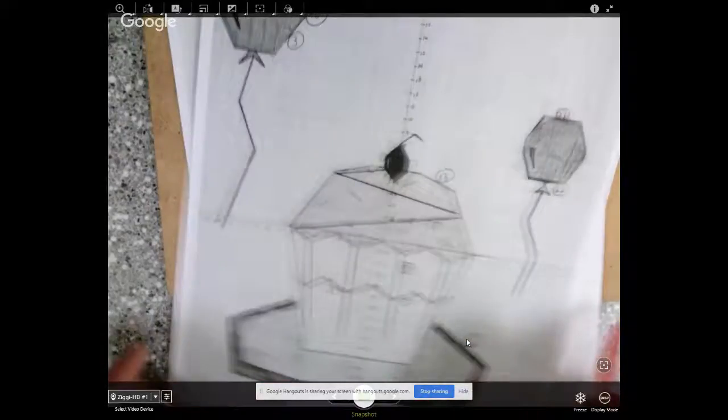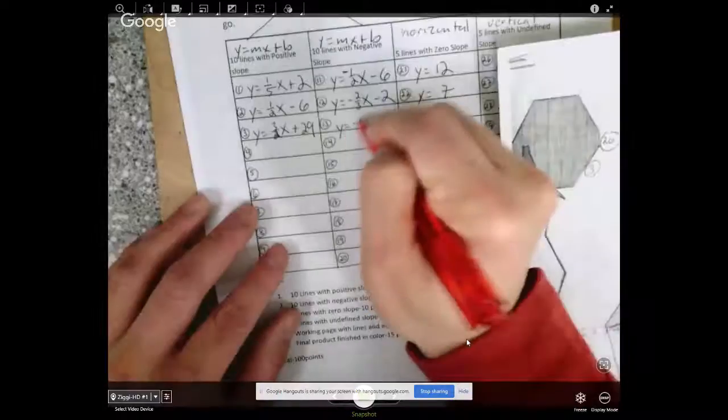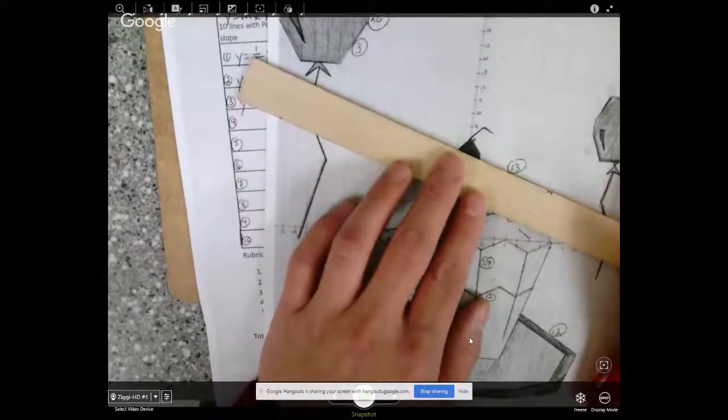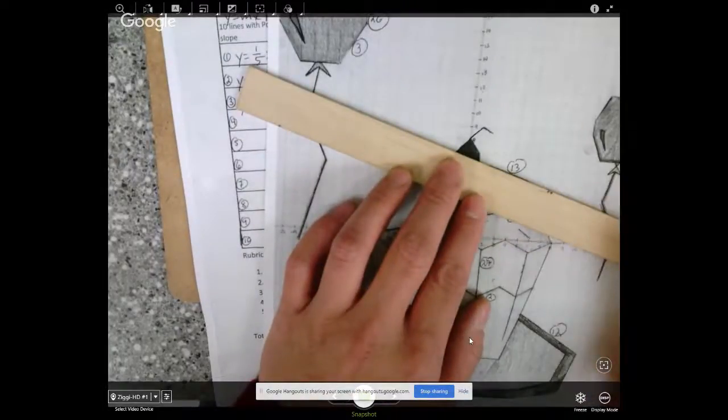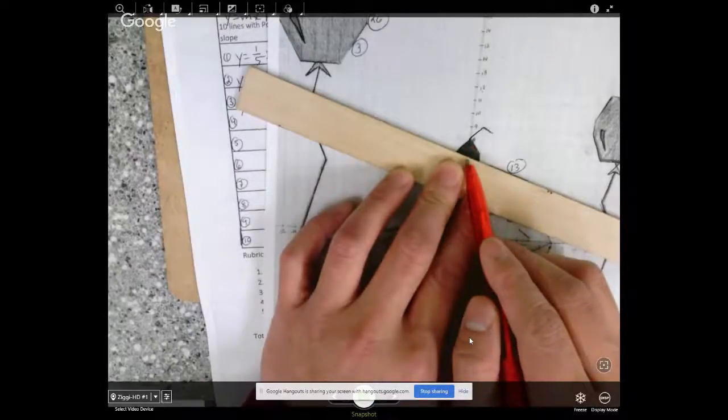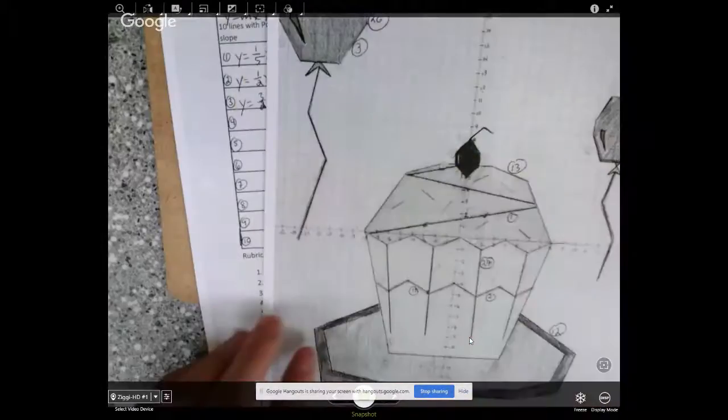And where it hits the y-axis, there's 8. There's that 8 again, right? So it hits about 7, about positive 7. So plus 7, positive because it's above the x-axis.